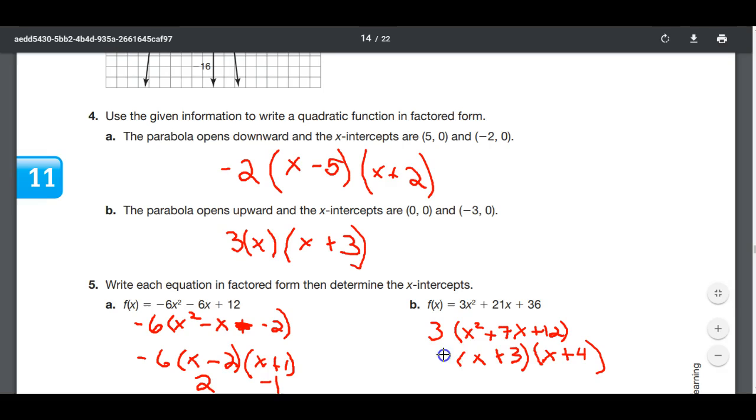So there are my factors with a 3 out in front. My zeros would have to be at negative 3 here and negative 4 there. Okay, those will be my zeros.